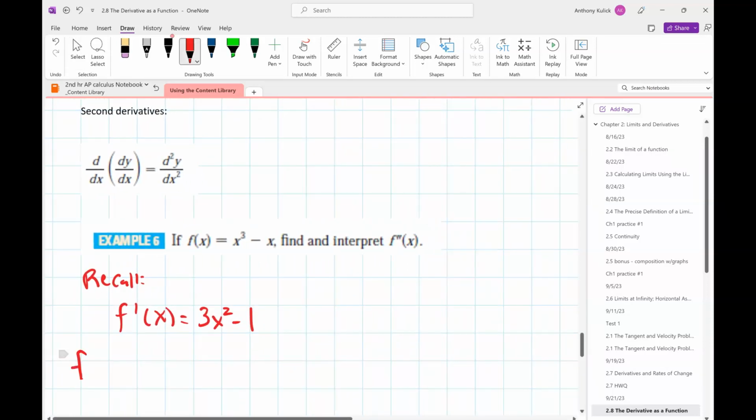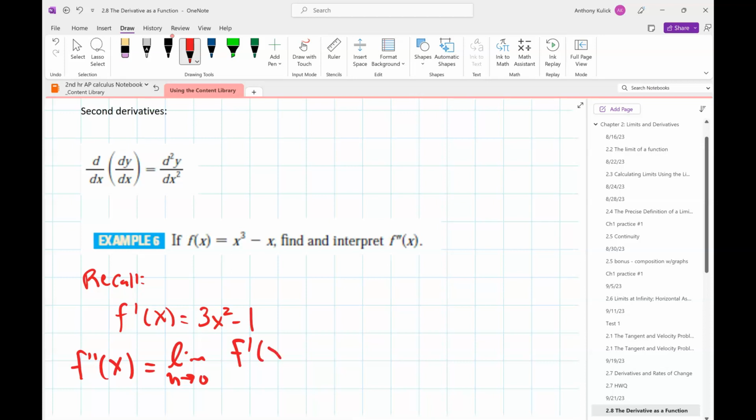So if I want the second derivative now, that'd be the limit as h approaches 0 of f prime of x plus h minus f prime of x all over h. Still the same process, right?